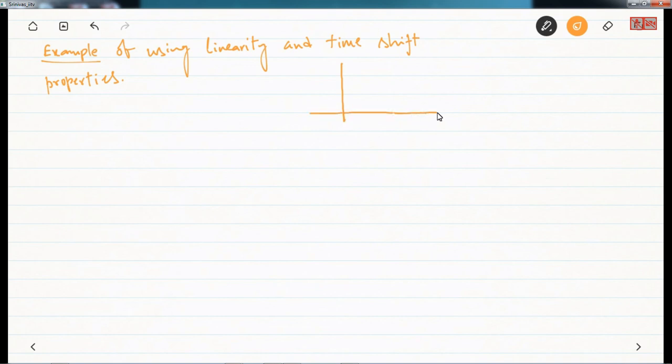We are not going to solve this example fully, but say this is 1, this is 2, this is 3, this is 4, and this is the time axis. Let's say you are given a signal which is something like this.